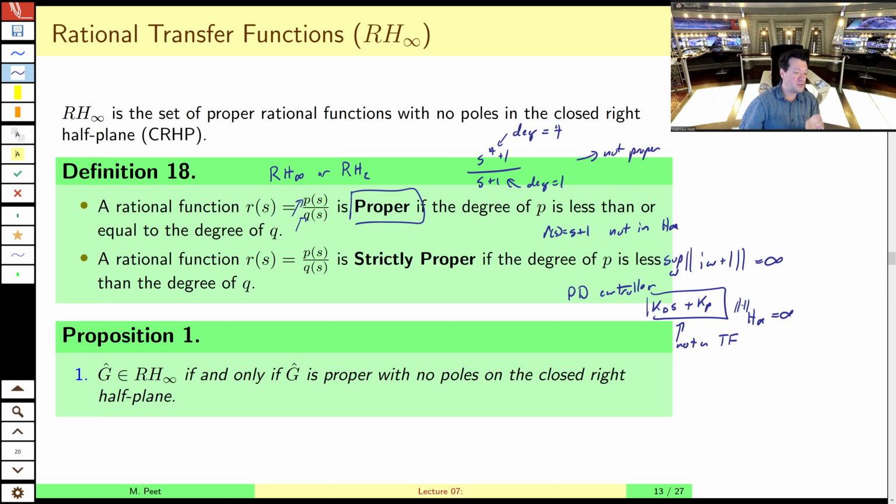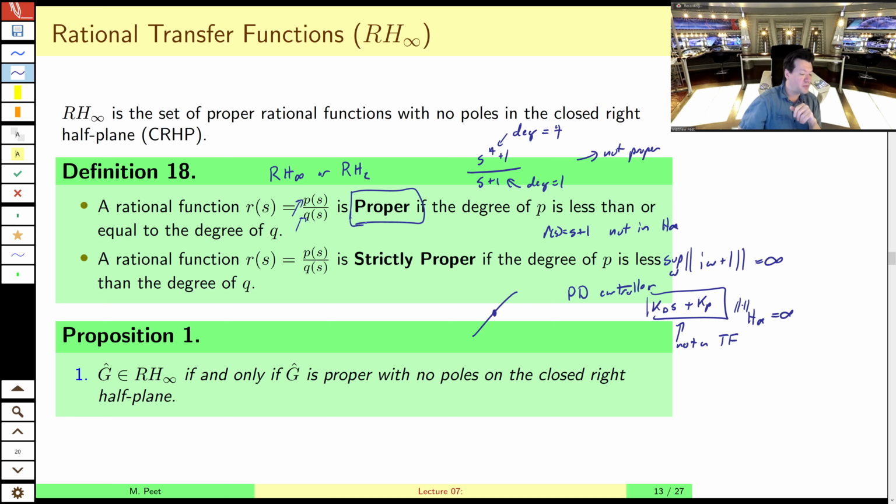Basically, because you should be able to use a PD controller technically to predict the future in some way. You see the direction the system is going, that's the derivative part, and then it allows you to predict the future by following that derivative. So that's not allowed. That's what we avoid when we say proper.